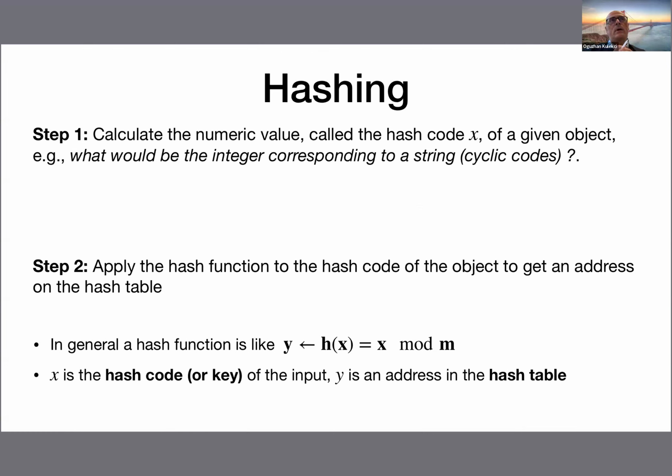Usually, you might have heard about those cyclic redundancy codes, okay, cyclic redundancy codes. And those codes compute an integer given anything, okay? Let me give you an example. You go and download a file from the internet, okay?